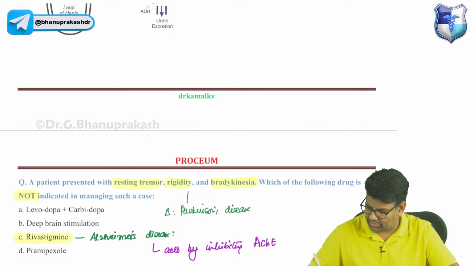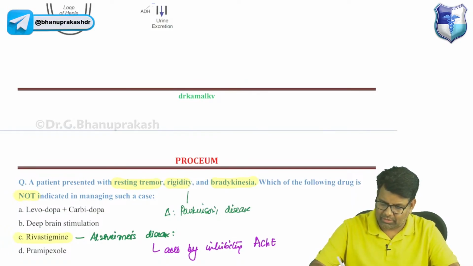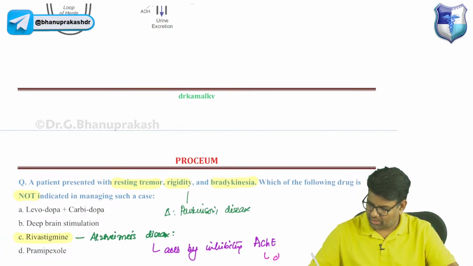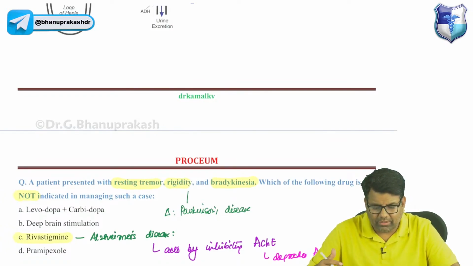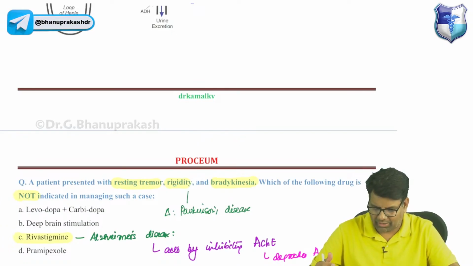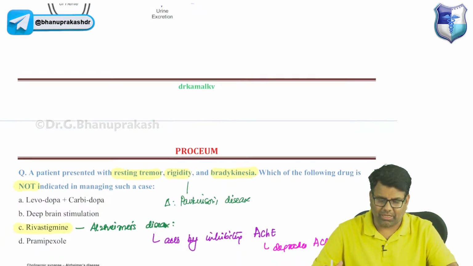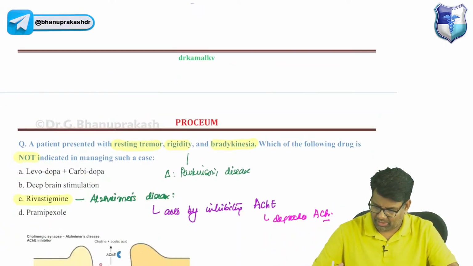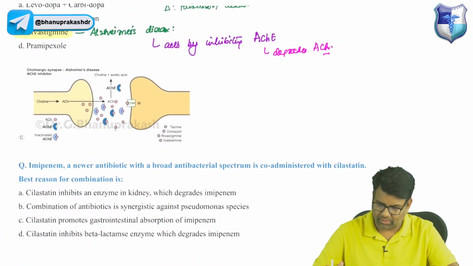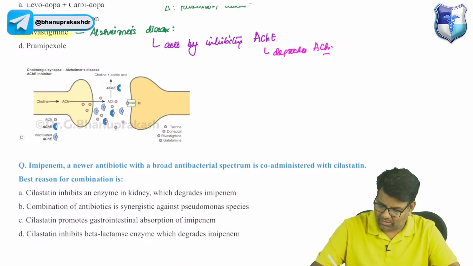Acetylcholinesterase enzyme, and this is the enzyme which actually degrades acetylcholine. So in one way it is, yes, donepezil and galantamine can also be used for Alzheimer's. So this makes sure that whatever functioning neurons are there, at least the acetylcholine which is secreted is preserved. It is not destroyed by acetylcholinesterase. Right? So rivastigmine has nothing to do with Parkinson disease.